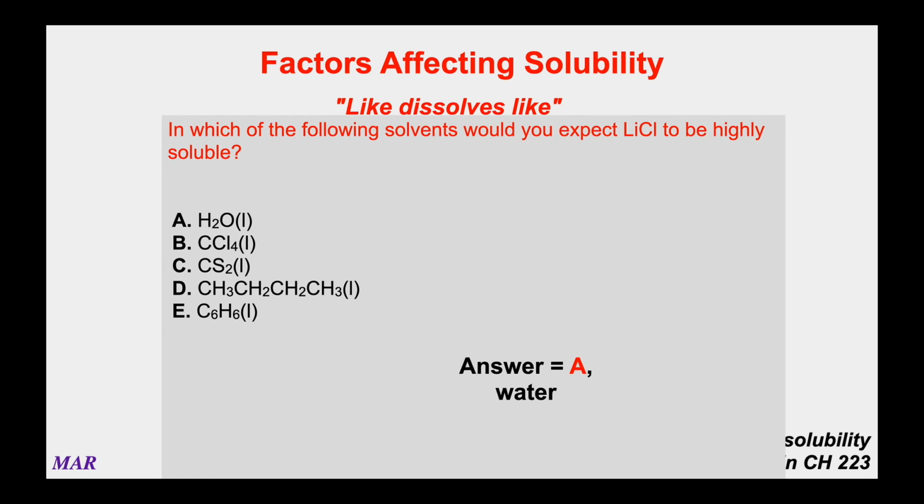They would have induced dipole force. And that's as far away from ion-ion force as you can get. Induced dipole is the weakest. Ion-ion/metallic is the strongest. So you wouldn't expect any of those to dissolve lithium chloride. You would need something as close to the ion-ion force as you can, and water with its hydrogen bonds is definitely closest.